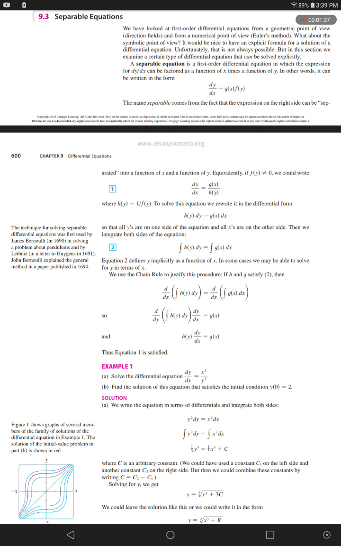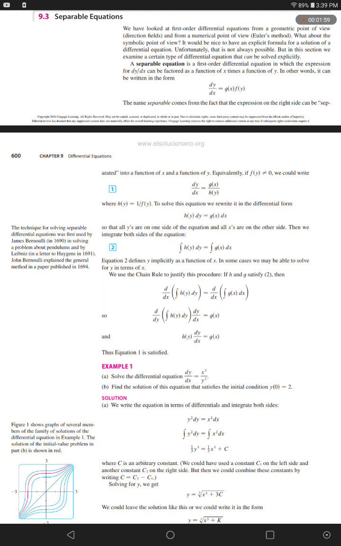Equivalently, if f(y) does not equal 0, we could write equation 1, dy/dx = g(x)/h(y), where h(y) = 1/f(y).